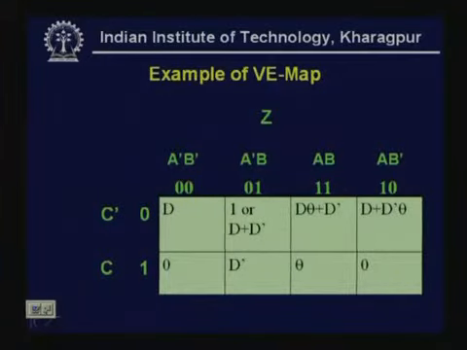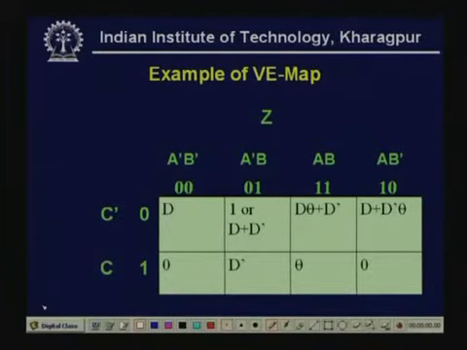That means the 4 by 4 map is reduced to 2 by 4. That means from 4 variables to 3 variables, and the 1s and 0s are reduced by some combination of the other variable, the rest which is left, which we have not considered in the K map.